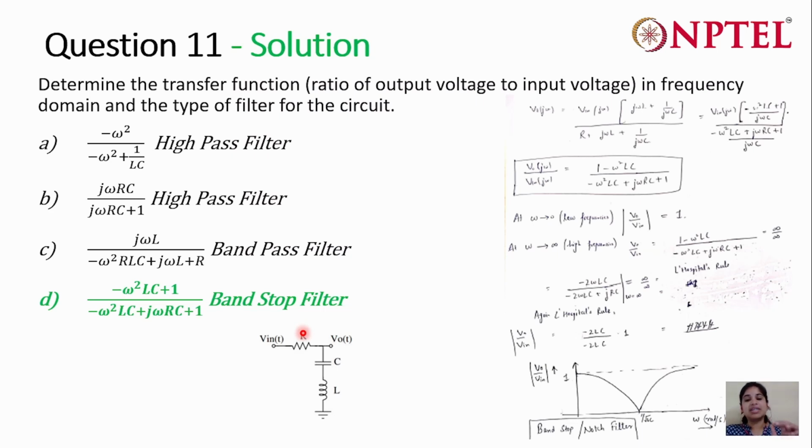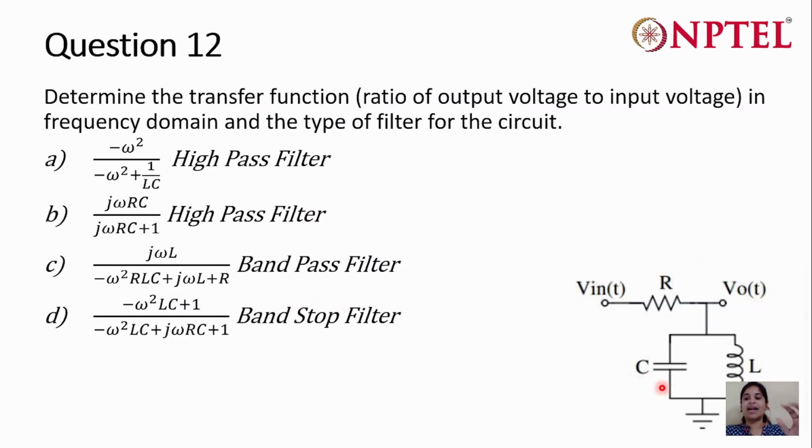Now, instead of this series combination of L and C, what if I had a parallel combination? How will you write the equivalent impedance? If I have two things in parallel, it will be R1 into R2 divided by R1 plus R2. The same thing will come here also.